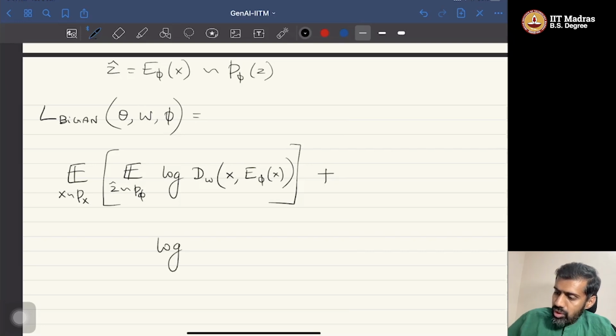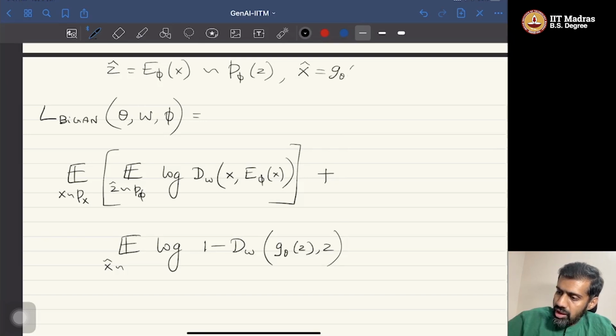And we have the second term, which is log of 1 minus D_w of G_theta(z) comma z. Let us call x cap as usual equal to G_theta(z), and that has the distribution p_theta of x cap, which is what we have been using.